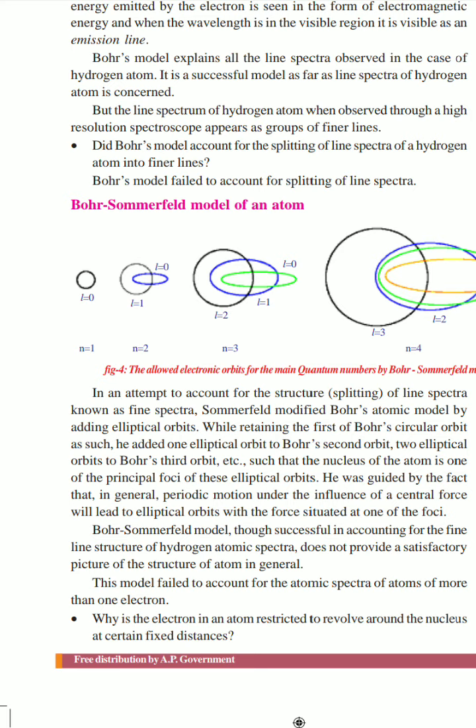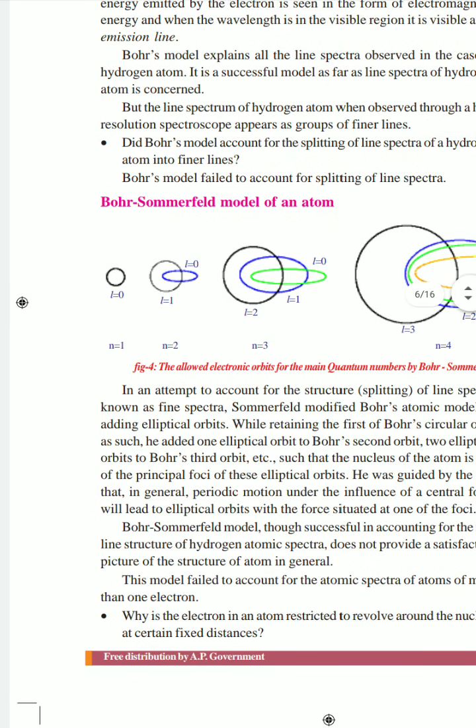Because the central forces influence the periodic motion, we get the elliptical orbit instead of the circular orbit. If you observe the third one, again the first is a circular one, and for the second and third we get two more elliptical orbits. The fourth one is also like this.